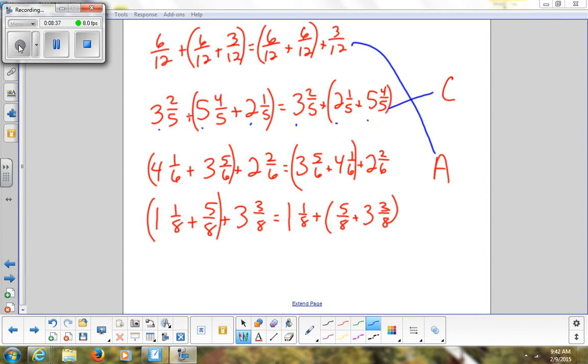Good, commutative. Okay. All right, this one. Next one. Elise? It's commutative. Why? Because it goes 4, 3, 2, 3, 4, 2. Good. Commutative.